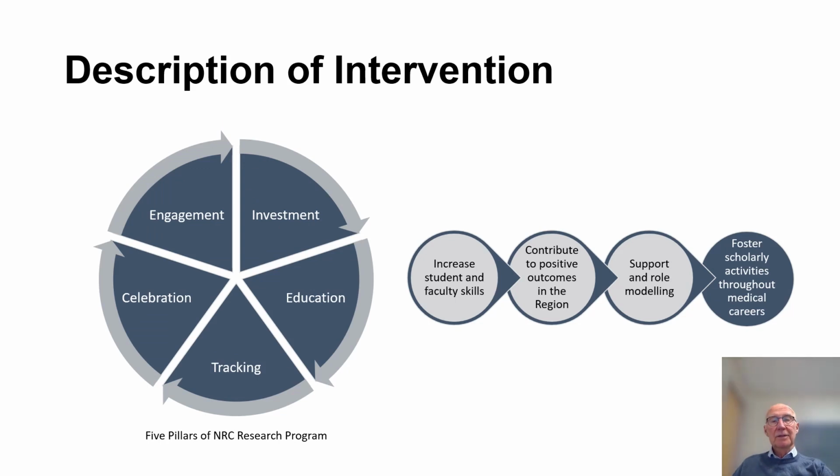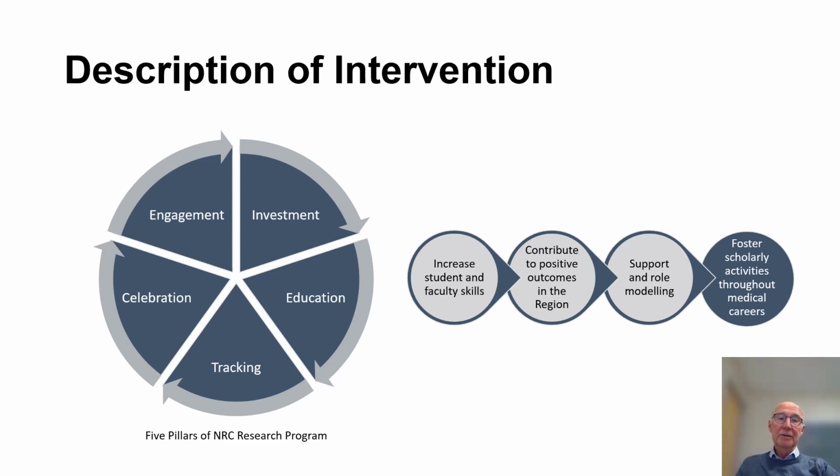So what we did was to think about this from the point of view of 5 pillars for intervening. One was to engage all the actors, both here and in the Academic Health Science Center in Hamilton, to bring together investments, both small and large, across the community, within the school, within the faculty, and within organizations like Niagara Health.